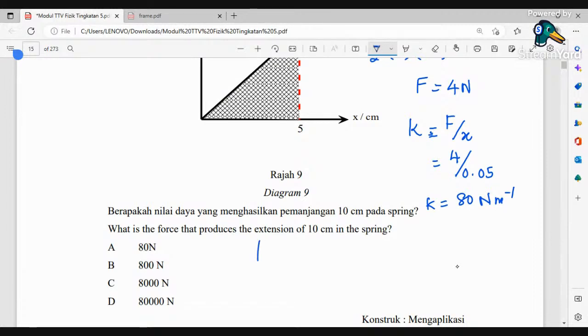So okay, using the formula F equals to Kx again. For extension 10 cm. Okay, force equals to the value of K, the same spring, so 80. Extension 0.1. Wait, I check again.